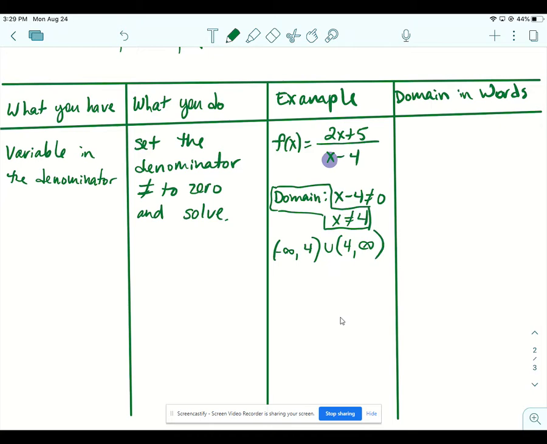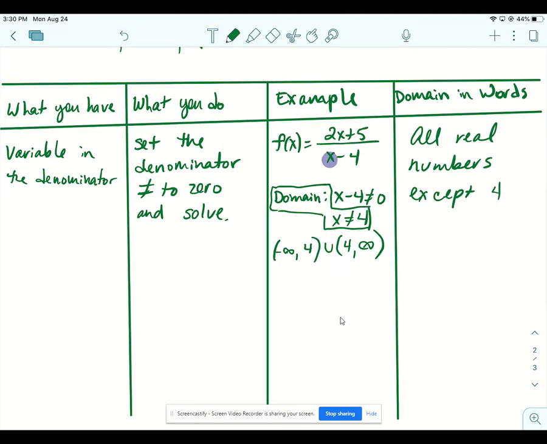That's pretty advanced interval notation, so it might take a little while for you to figure out. I'm okay right now if you just say x does not equal 4. Then for words, and I want them to be words, not symbols, you're going to say all real numbers except 4.